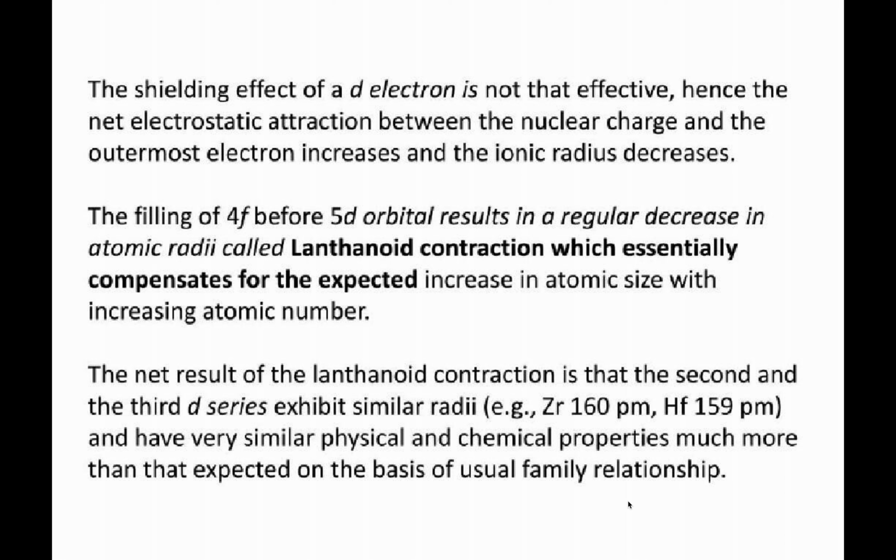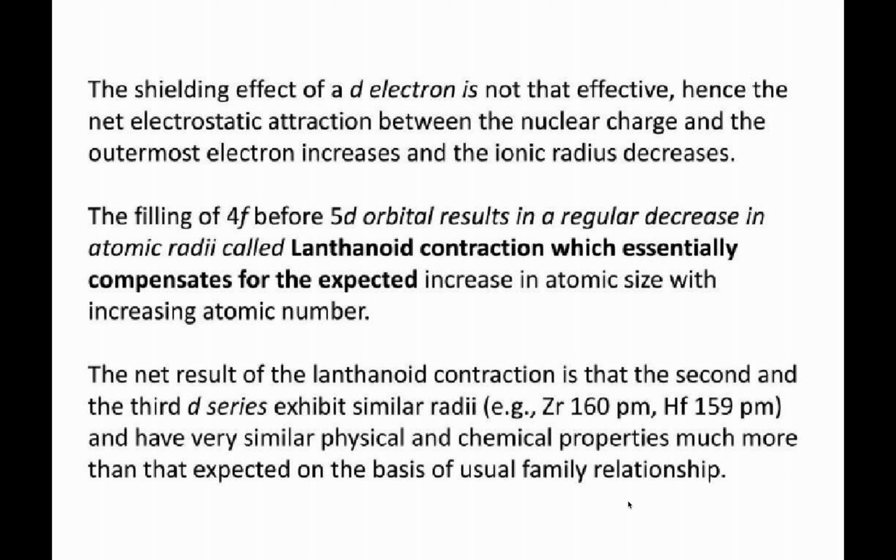We said that it is lanthanide contraction, and that compensates for the expected increase in atomic size when the atomic number increases. And what is the net result of lanthanide contraction? That is, the second and third d series will show the same radii. Again and again I repeat, this question mostly comes in the previous years' NEET exam also. We had this question: why Zr has 160 and Hf has 115, almost the same radii?